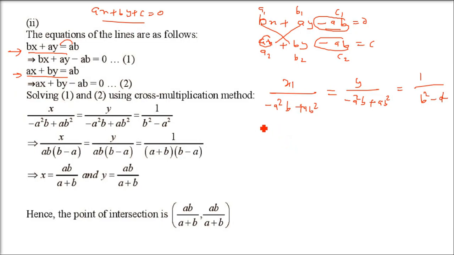We see something common here, and we can cancel it from each equality. ab square minus a square b I can write, taking ab common: b minus a will be the result.